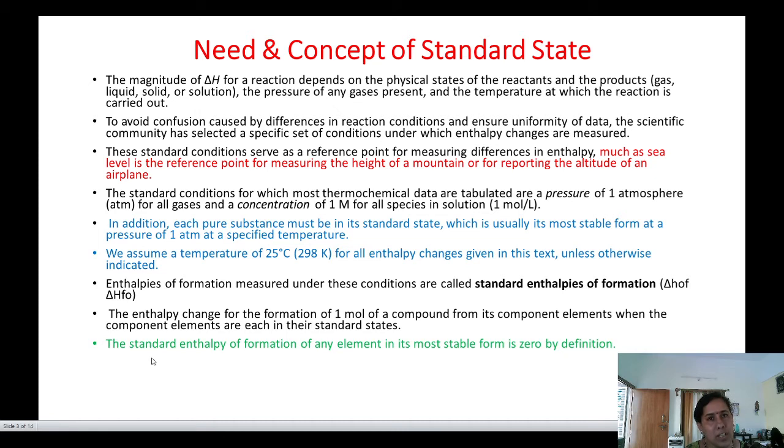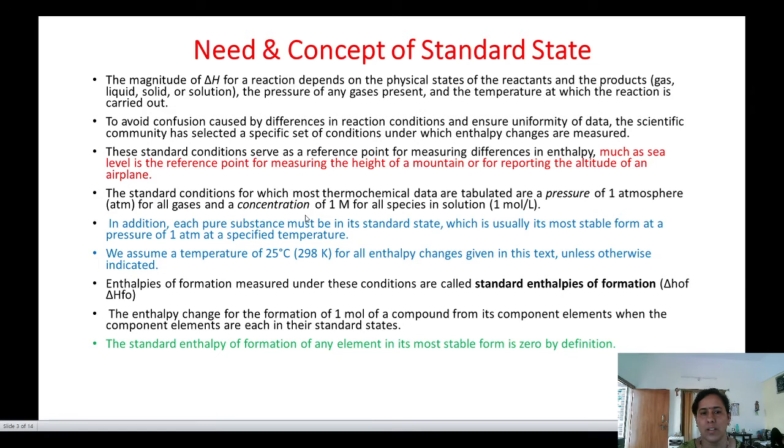And the most important point to remember is that the standard enthalpy of formation of any element in its most stable form is 0, according to the definition.